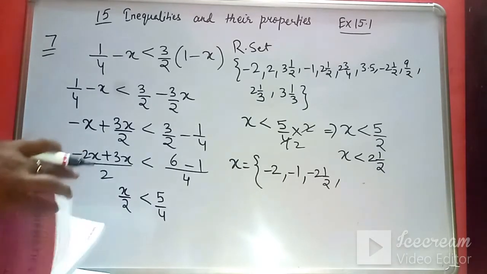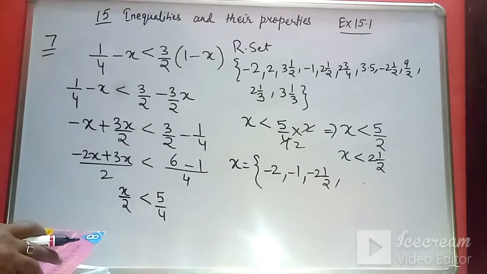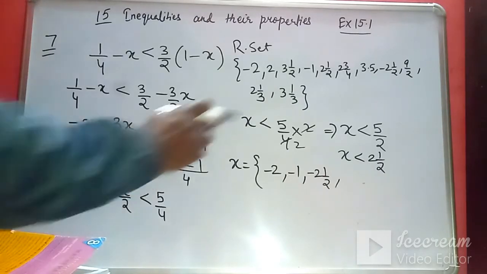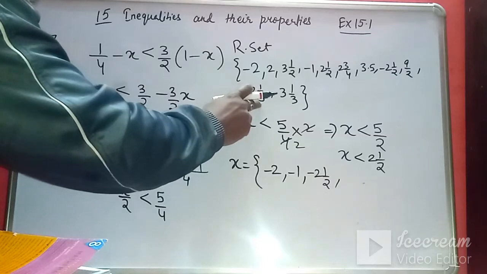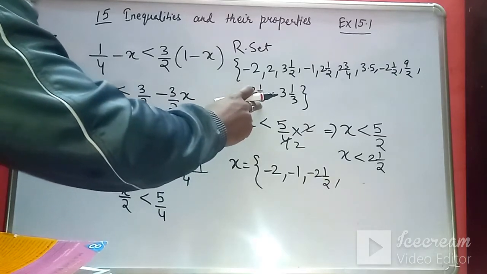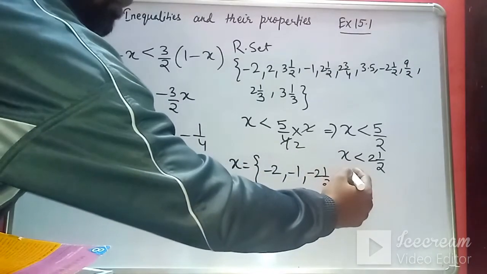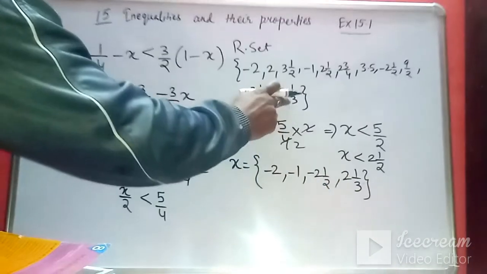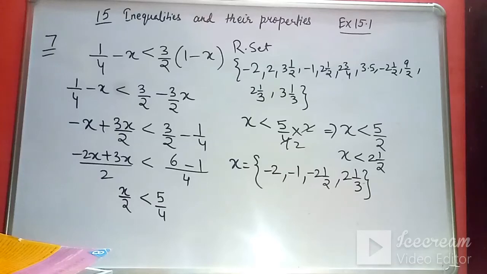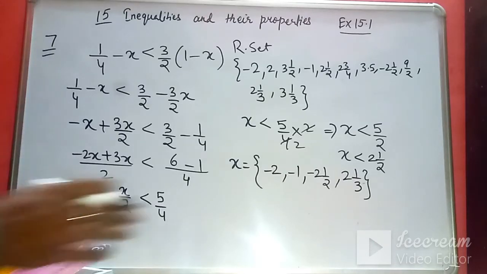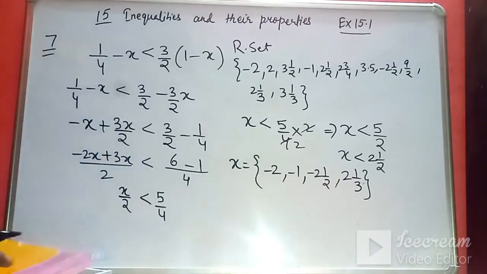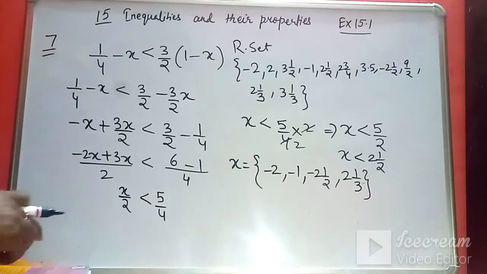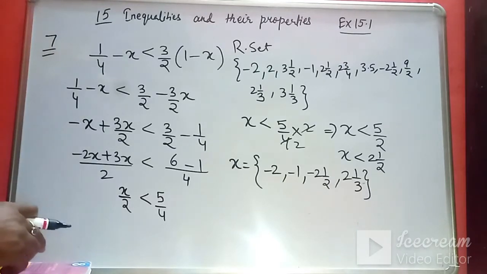So this value, one more value we can take, 2 whole 1 by 3. And this is again greater than 2 and half, so we cannot take it. So this will be our answer: minus 2, minus 1, minus 2 and half, 2 1 by 3.